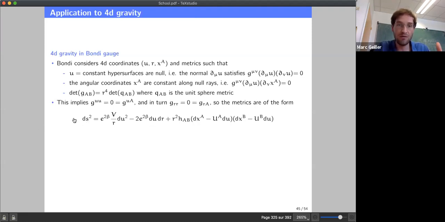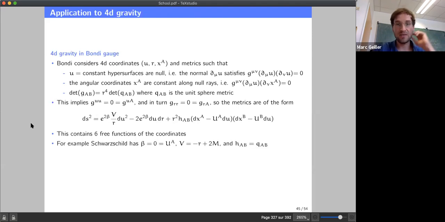And you can see now, if we go back a few slides earlier, that this is really a generalization of the Bondi gauge, which we wrote in 3-dimensional gravity. So we have again these 3 functions, beta, V, and U, but now there are 2 free functions U, because this has the angular index capital A and here capital B. So now you see that this contains 6 free functions of the coordinates in this Bondi formalism.